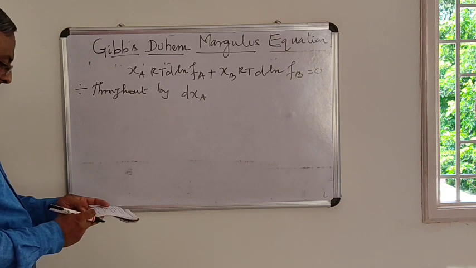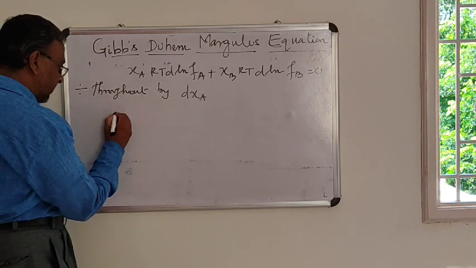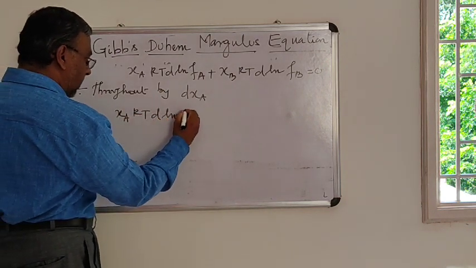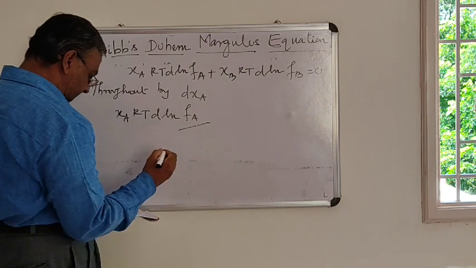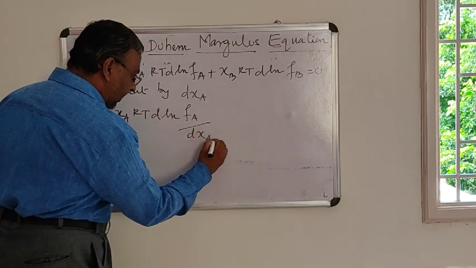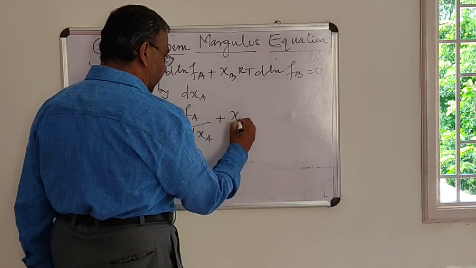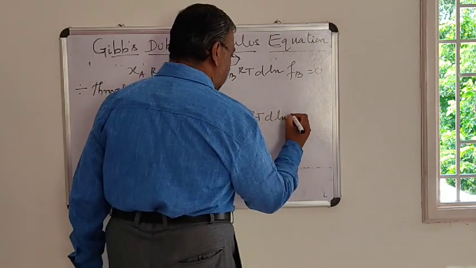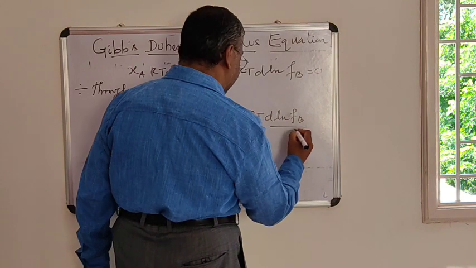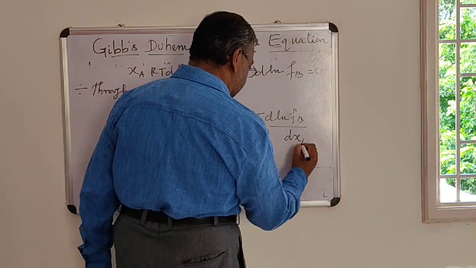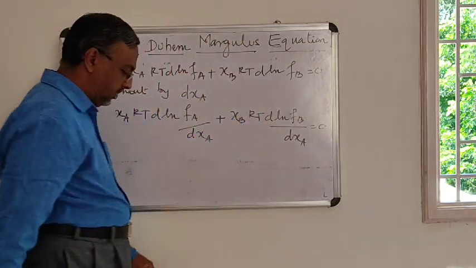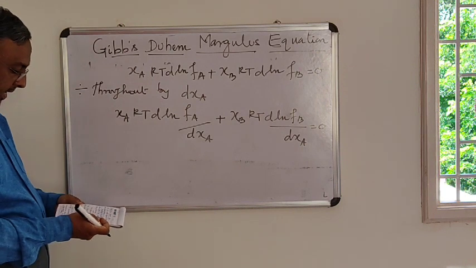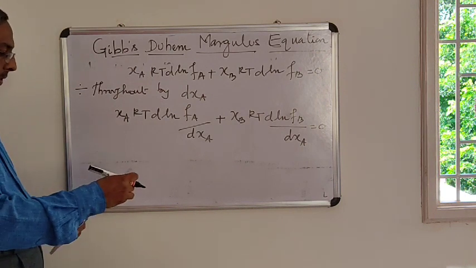When I divide this, I can write it as XA RT d ln Fa divided by dxa plus XB RT d ln Fb divided by dxa equal to 0. I have divided this equation throughout by dxa.